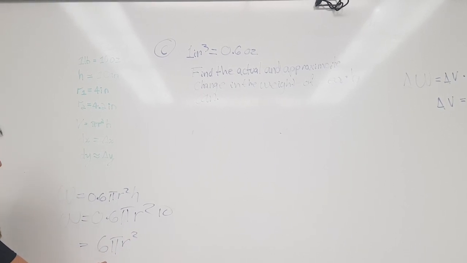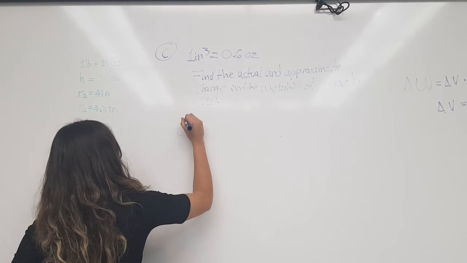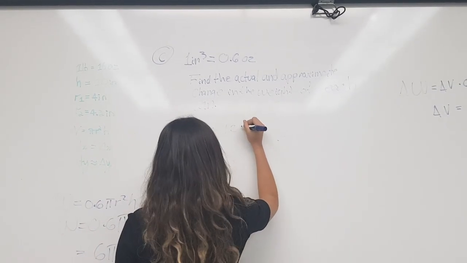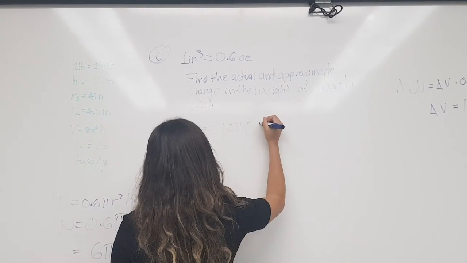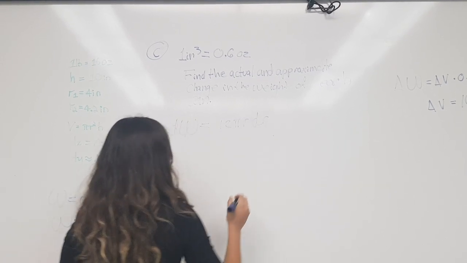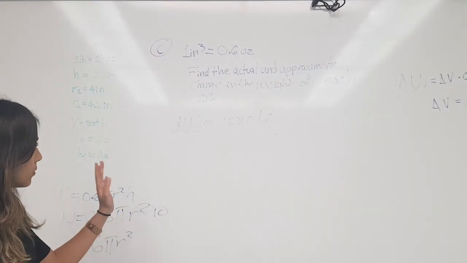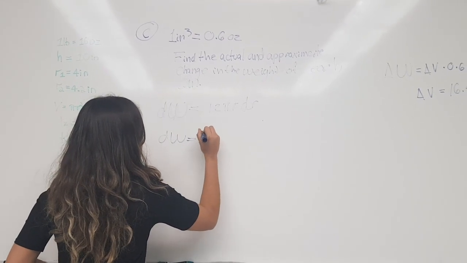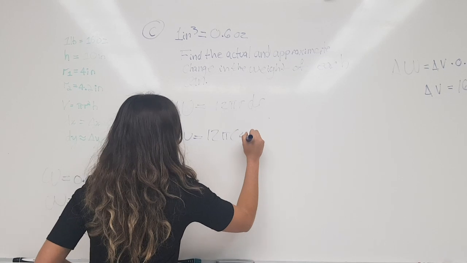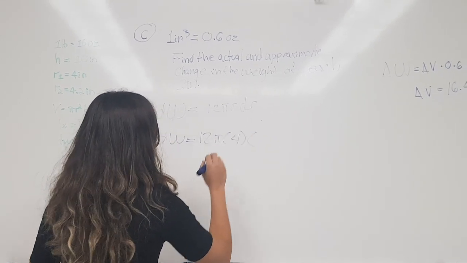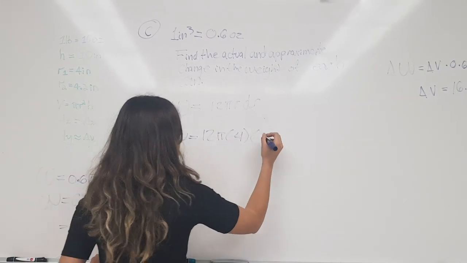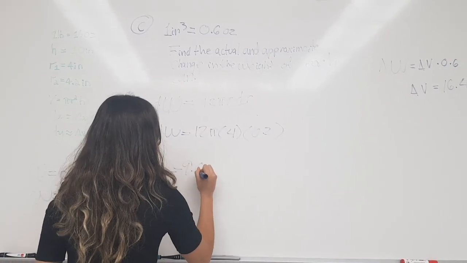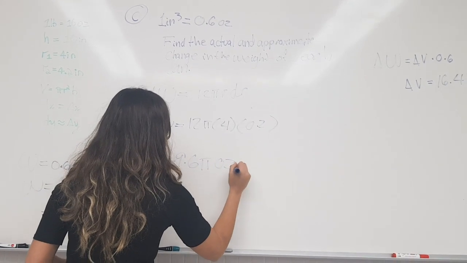When we differentiate this, we get dW equals 12 pi radius dr. Now we apply the values: dW equals 12 pi times 4 times the change in radius, which is 0.2, and this is equal to 9.6 pi ounces.